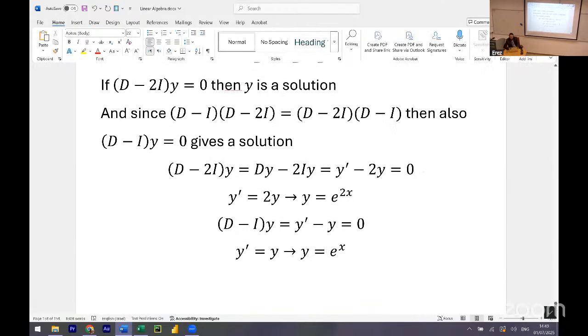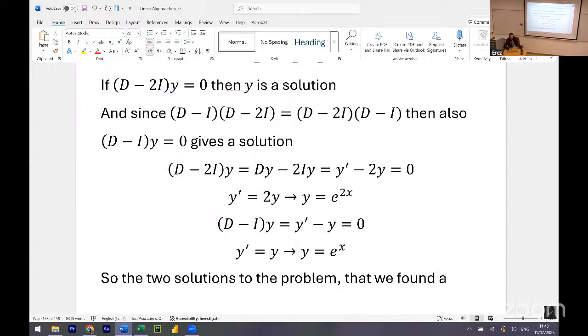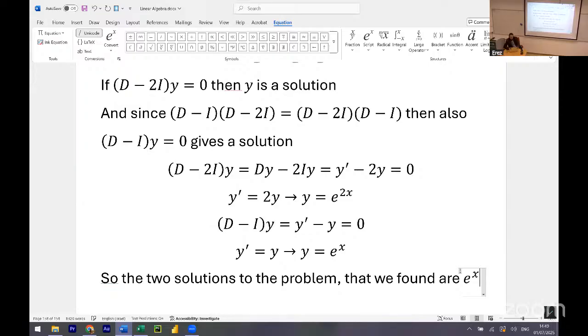So the two solutions to the problem that we found are e to the x and e to the 2x.